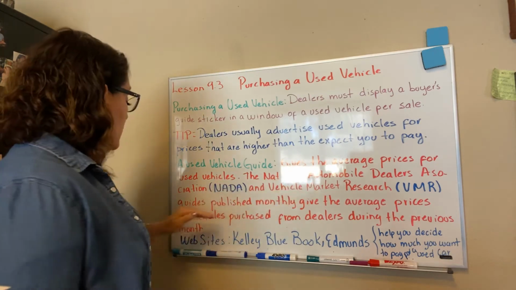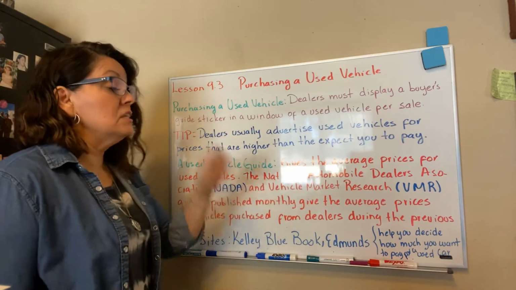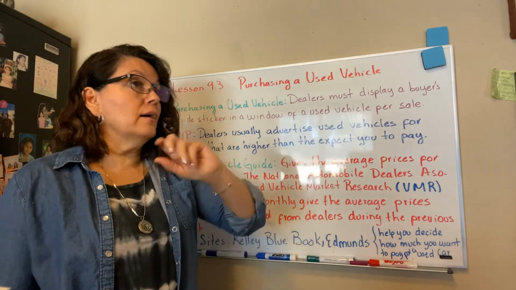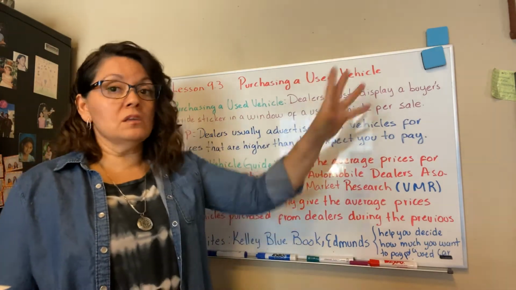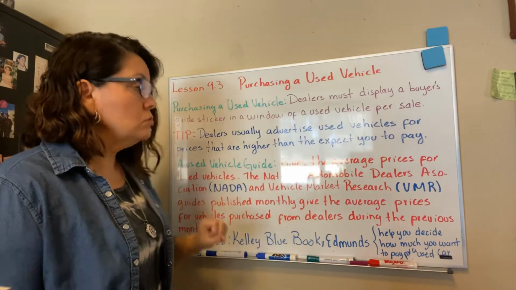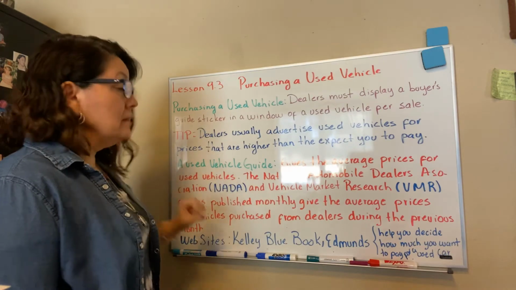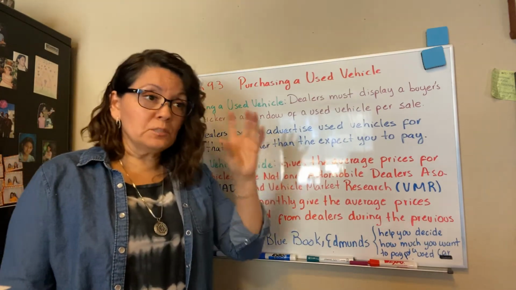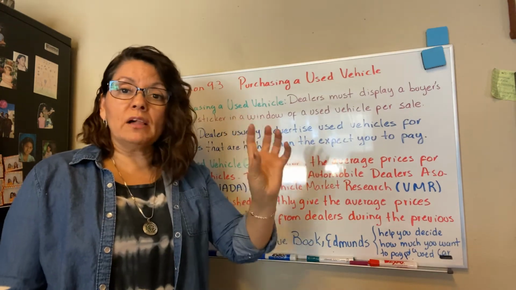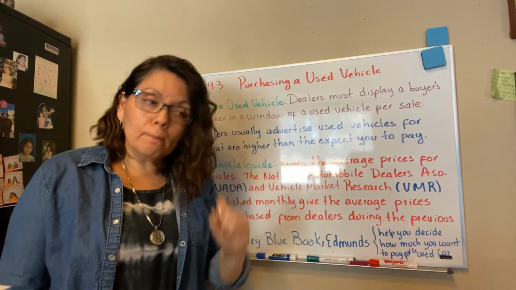The average prices for vehicles purchased by the dealers during the previous month. So it is not the value of this vehicle 10 years ago. No, it is every month. So you can go to those guides, and if you want to buy a specific car, you will find the value of that car for that month.